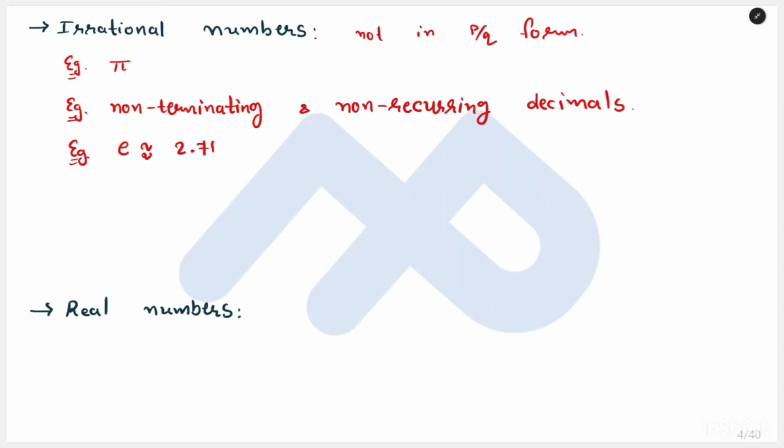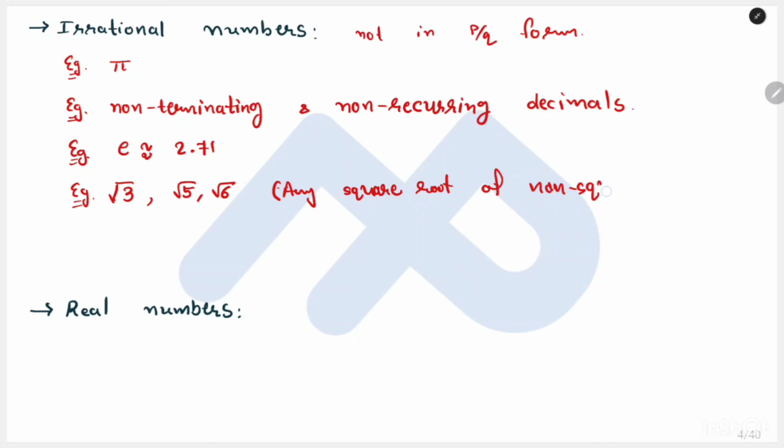Okay, then comes all the square roots of non-square numbers. Let's say 3. 3 is a non-square number, so if I find the square root of 3, it is irrational. Square root of 5, irrational. Square root of 6 is irrational. So that means any square root of a non-square number is irrational.